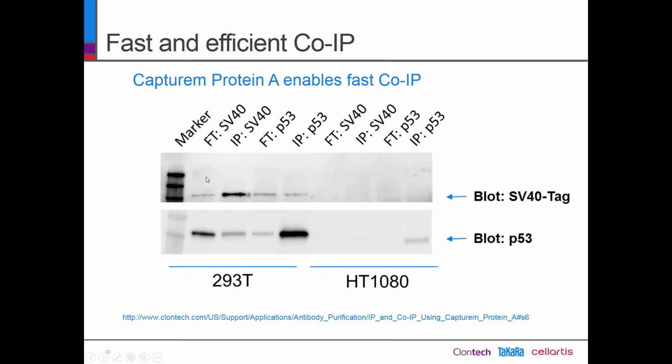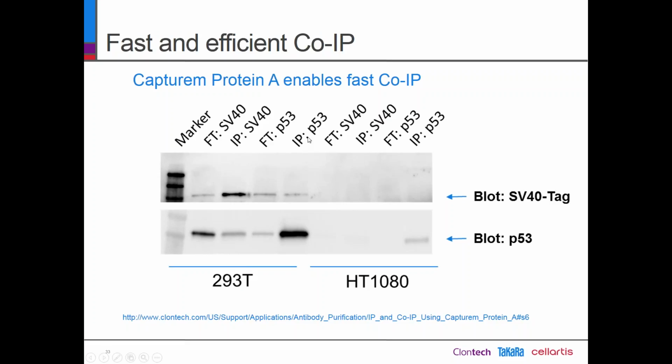So that's what we did here. You can see FT is the flow through, so that's kind of the input, and IP is when we add the antibody. So here we made an IP with the SV40 antibody, and of course we can see SV40, that's a normal IP, but we can also see that P53 was co-immunoprecipitated.